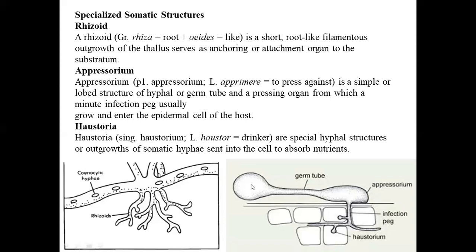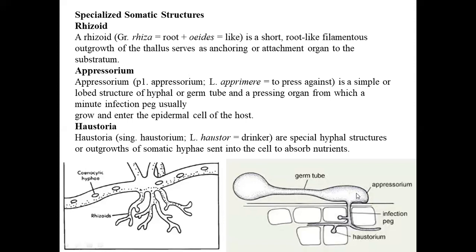Particularly after germination of that spore of the fungus, a germ tube develops, and a particular globose structure, a pressing organ or infection peg, usually develops on the surface of the epidermal cell of the host.